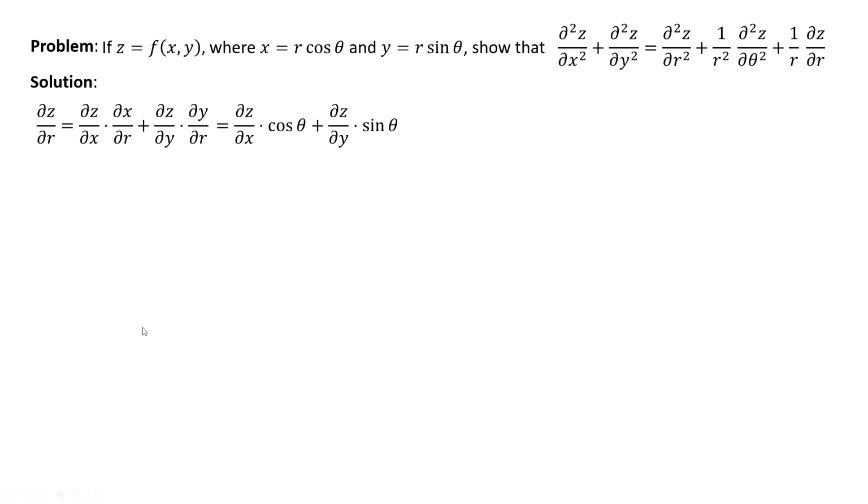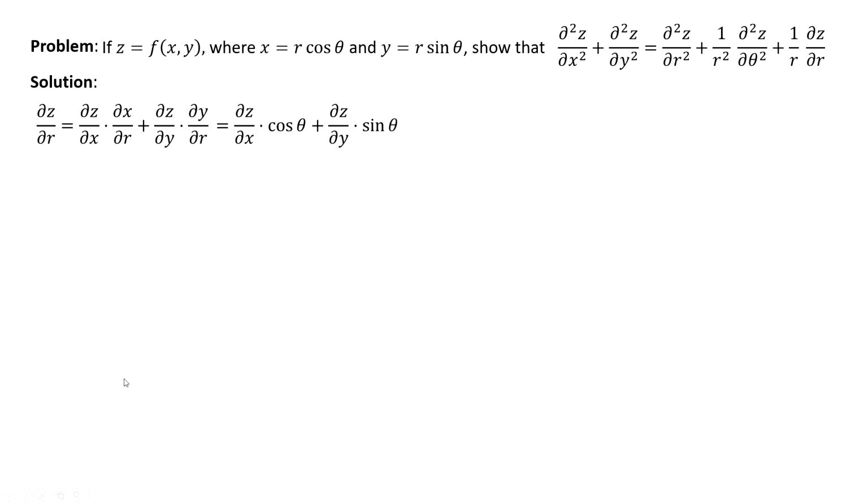That is because I can then say, oh, you mean that is equal to partial with respect to x of the same quantity z times partial x with respect to r? Yep. Partial with respect to y of the quantity z?